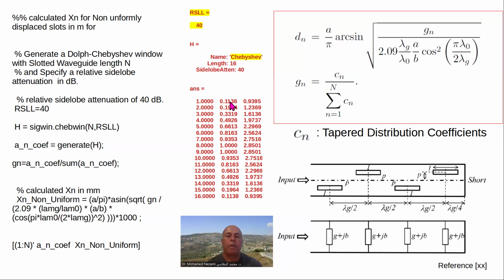So if it's length 16, from that we can solve for xn's, and these are the lengths. And you can see that this waveguide would have to be offset by a maximum distance at the center, where two distances, and then it tapers to the end where it's 0.93.